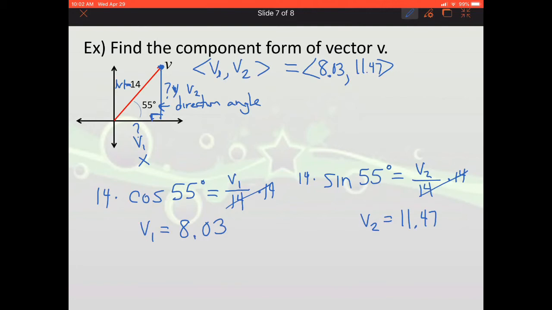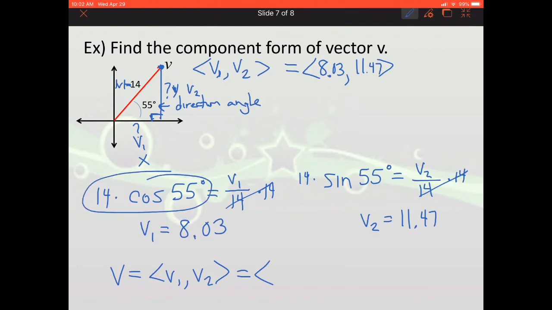Okay, so that's how we can come up with component form. Now, if you notice, to find v1, what we did was take the 14, which was the magnitude of the vector, and multiply by the cosine of the direction angle.